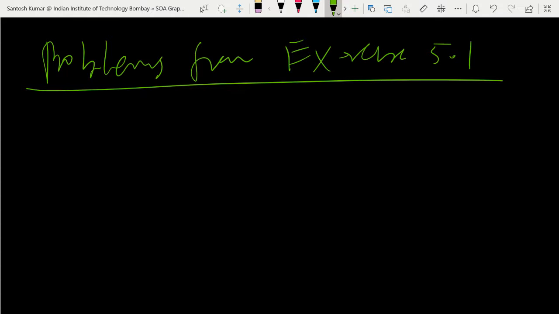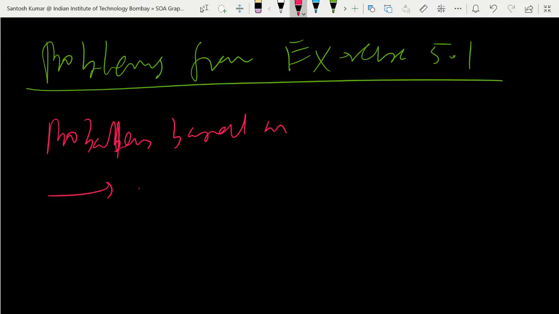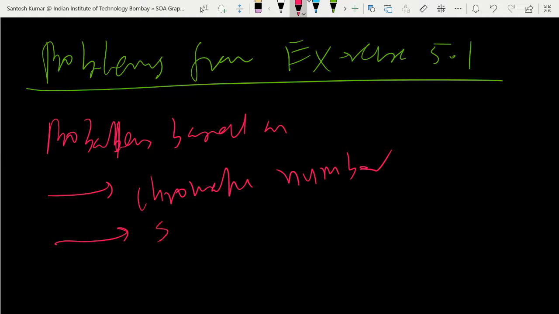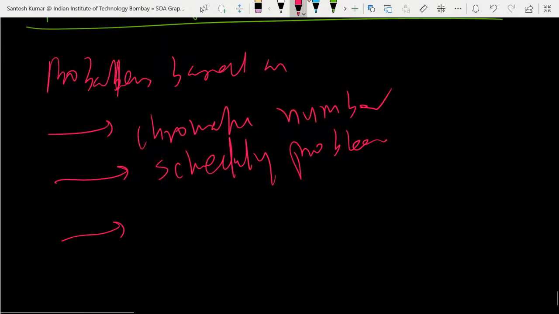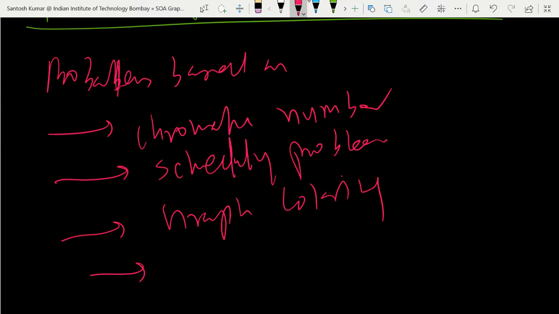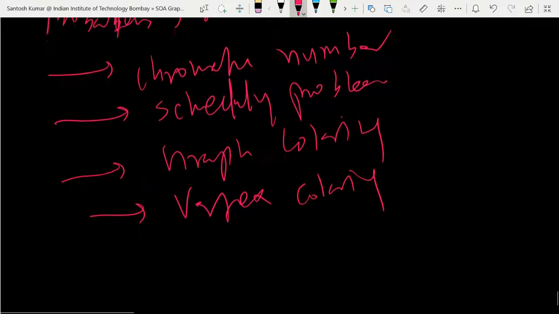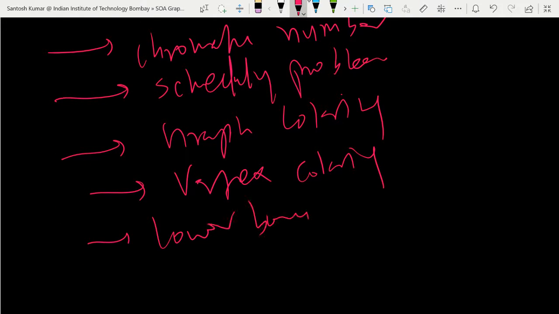They will be based mainly on what we did till now: chromatic number, graph coloring, vertex coloring, then the lower bound and upper bound of the chromatic number. So the problems are based on this.